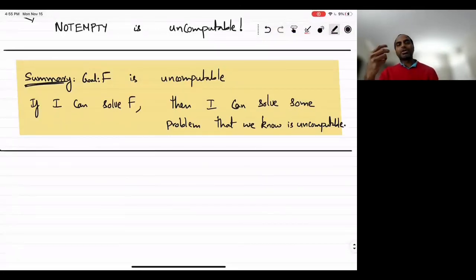And remember, the reductions have three parts. You first have to tell what the reduction is doing: how am I transforming inputs of one problem to the inputs of the other? Then the transformation itself should be computable. There should be some automatic way to convert inputs from one to the other. And the third part is why.